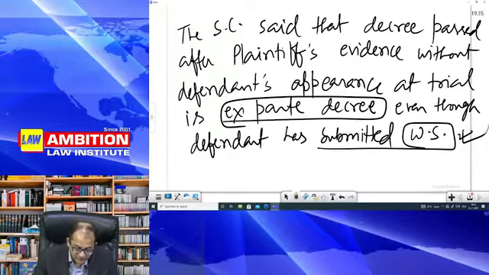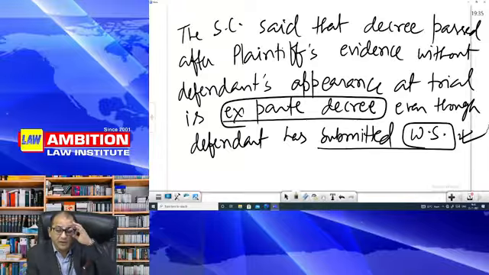So, question is whether Order 17 Rule 2 explanation will apply in the case of the defendant here. The answer is no, because the defendant has not appeared. He does not give any evidence as such.